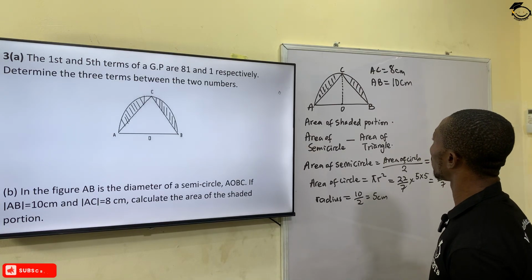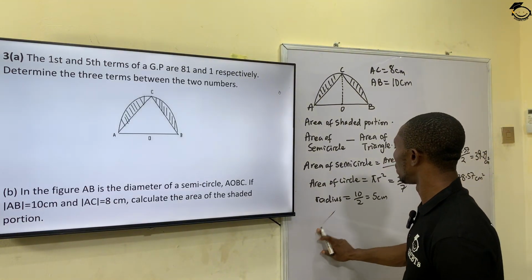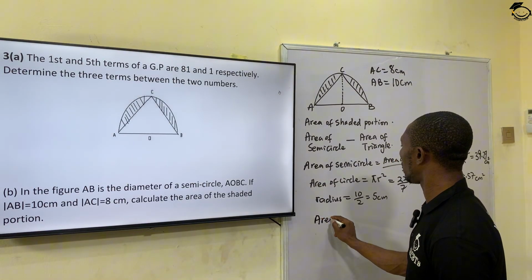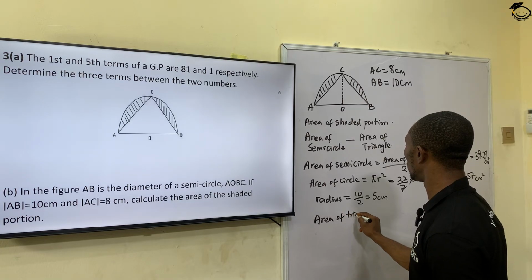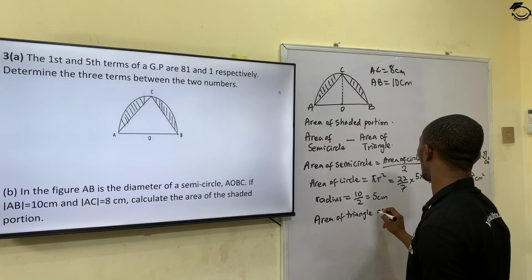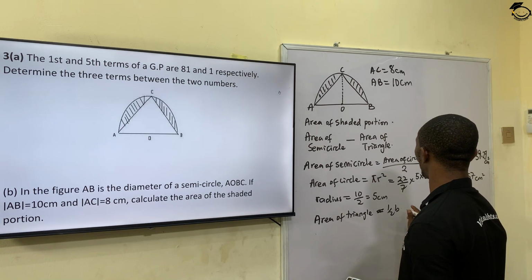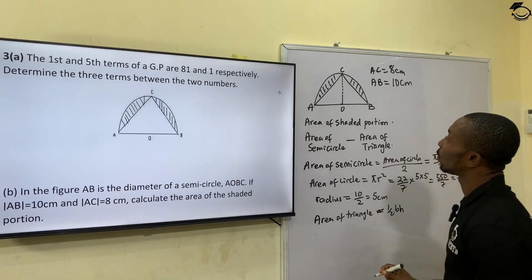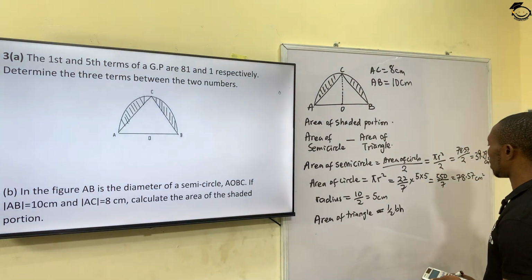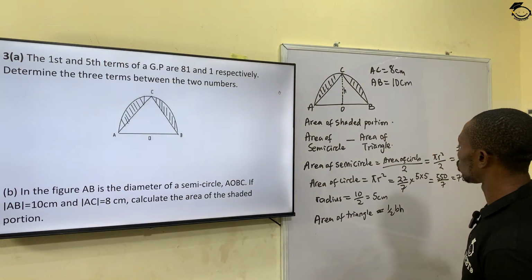We have the formula for area of triangle as half base times height. So we need to find the height of our triangle.